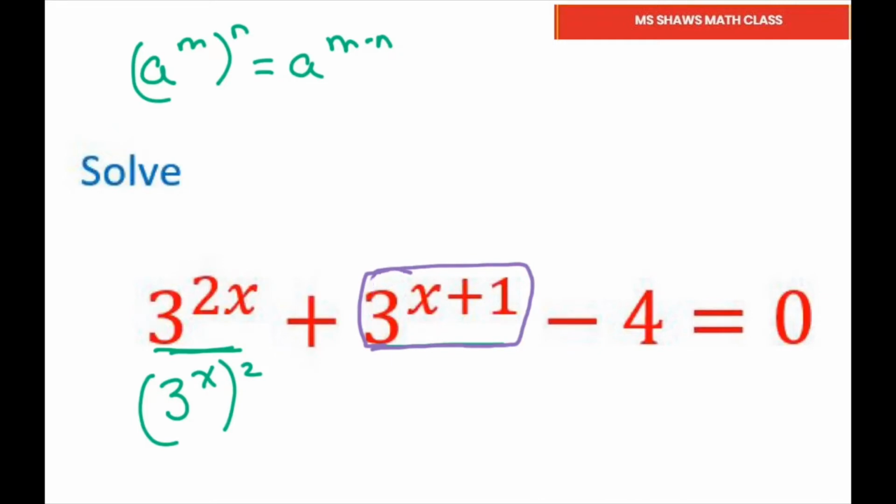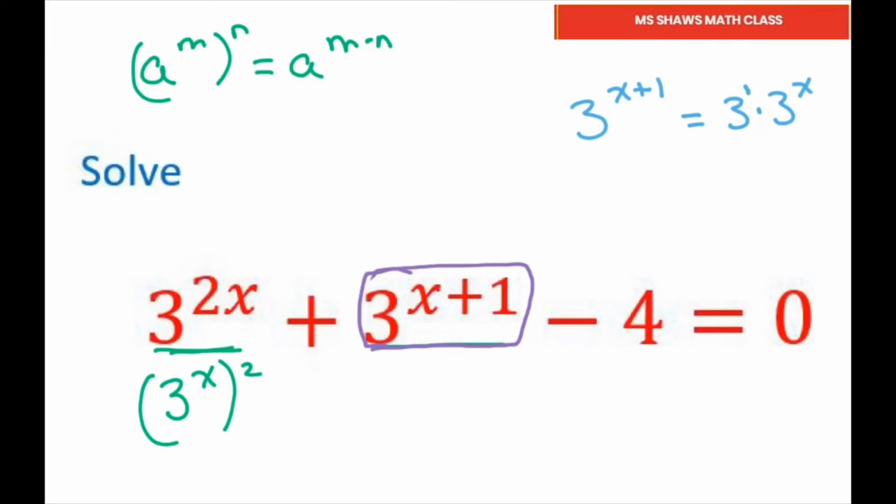You need to know that 3 to the x plus 1 is the same as 3 times 3 to the x power, and this is based off your product property.